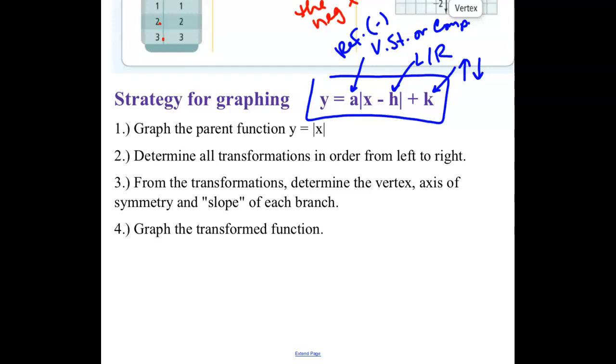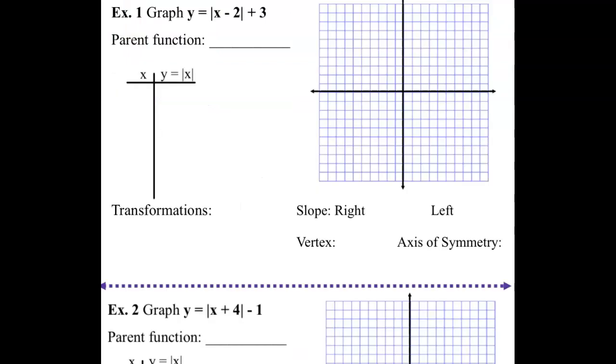All right, let's try one. Our parent function again is y equals the absolute value of x. So we ignore all the transformations and we look at what that initial graph should be. What happens when we put -2 inside those absolute value bars?